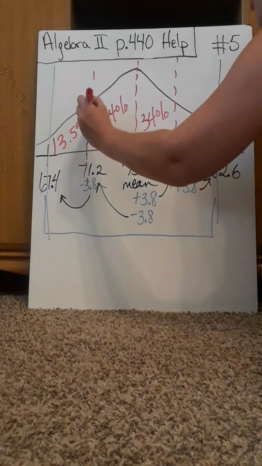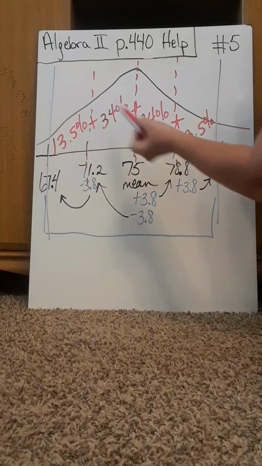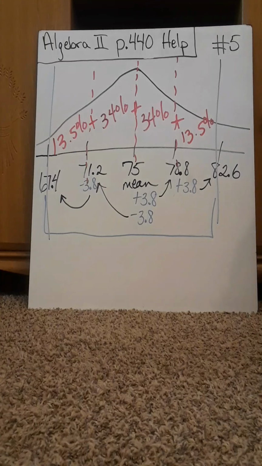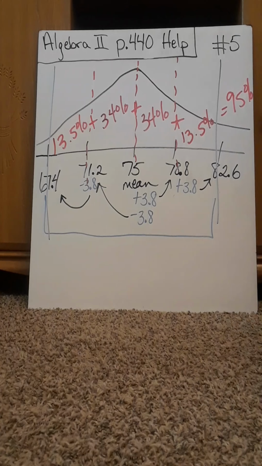Okay? So you're going to add 13.5 plus 34 plus 34 plus 13.5. And if you add those numbers up, you will get 95%, which is your answer for number 5. Okay?